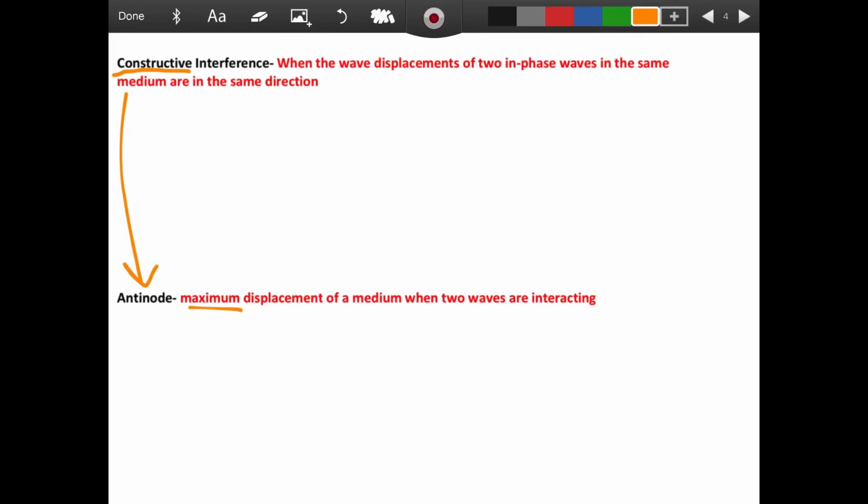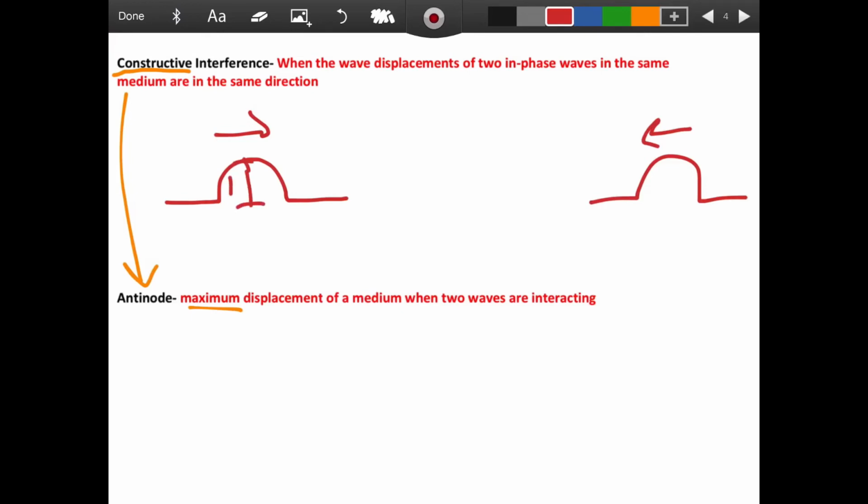Now, let's say here we have a wave pulse moving to the right, and over here we have a wave pulse moving to the left, and let's say the crest is 1 meter. Well, when these two waves pass through each other or superpose this wave pulse, they will add up and constructively interfere.